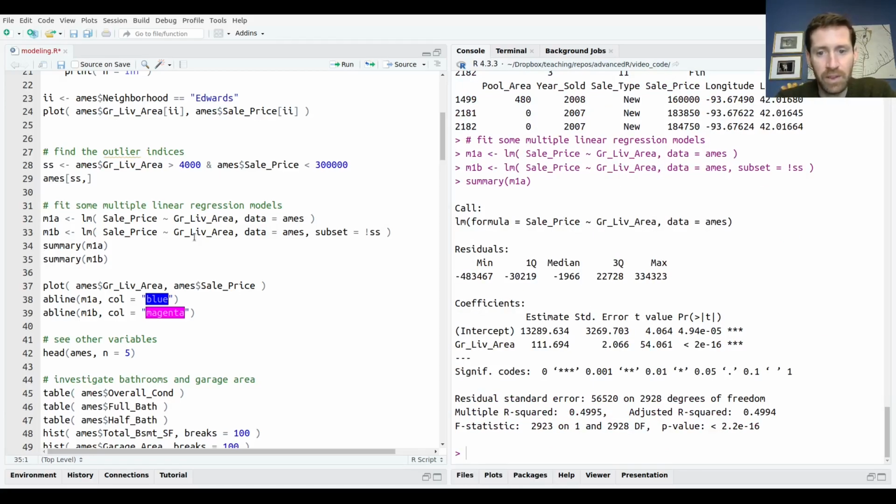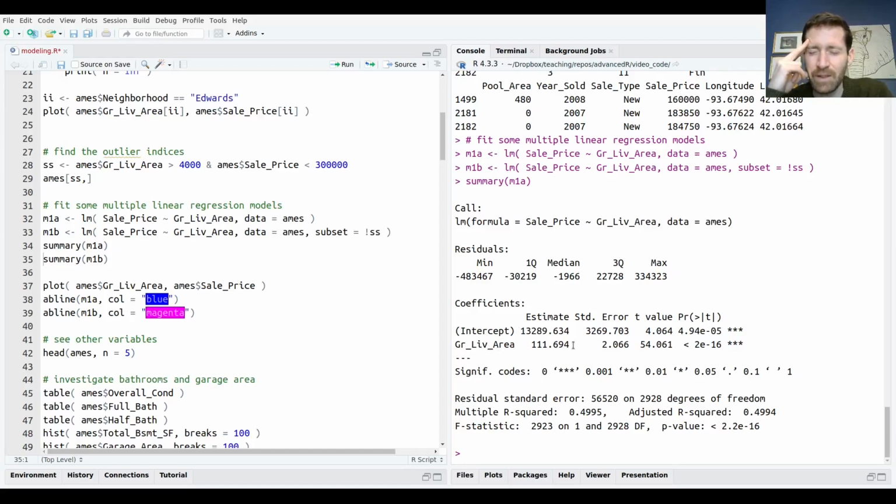Here's the first one with the outliers in. You can see that the effect of size of the house is $111. So the way you interpret that is for each increase of 1 square foot, you expect the sale price to go up by $111. Whenever you do this, you've got to ask, does that number make sense?